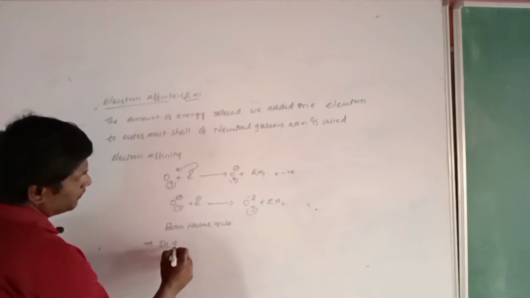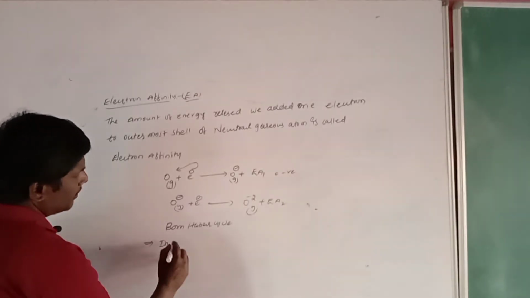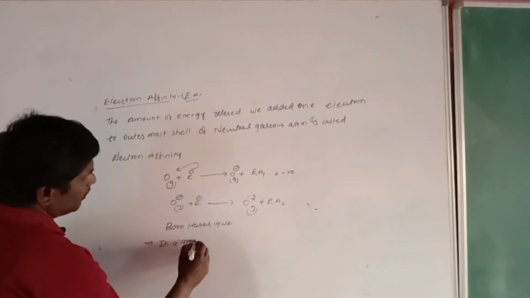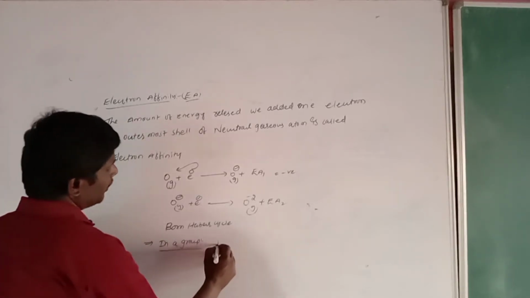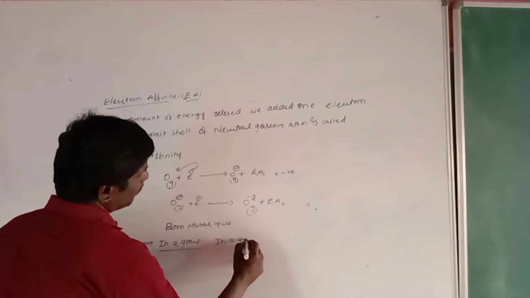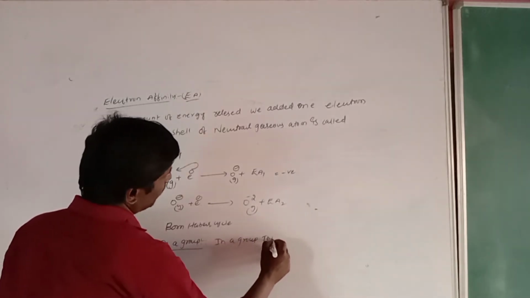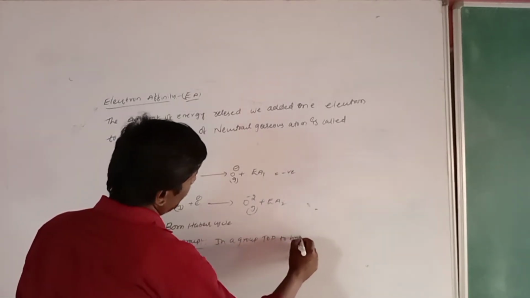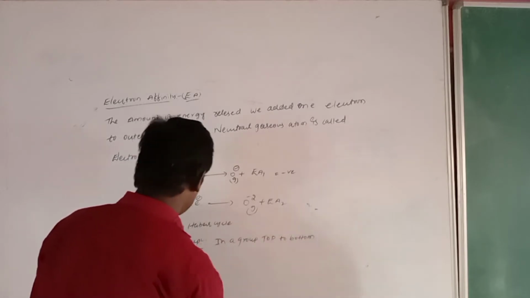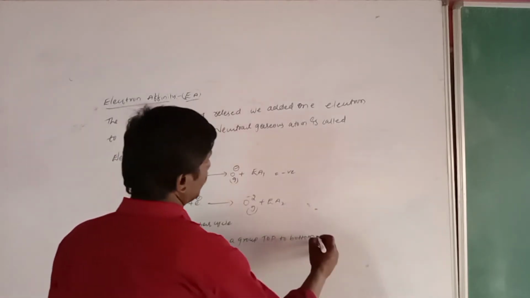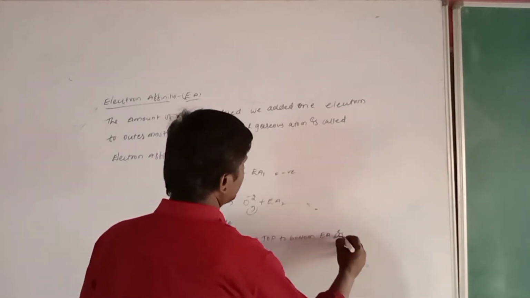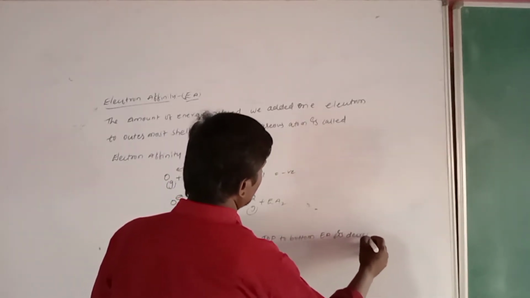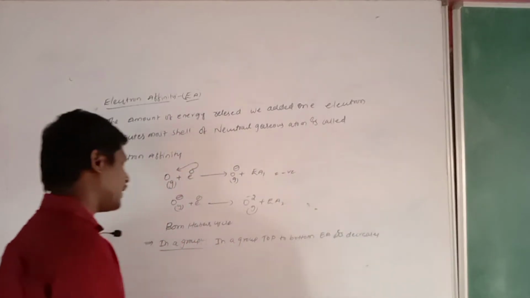In a group, top to bottom, electron affinity decreases.